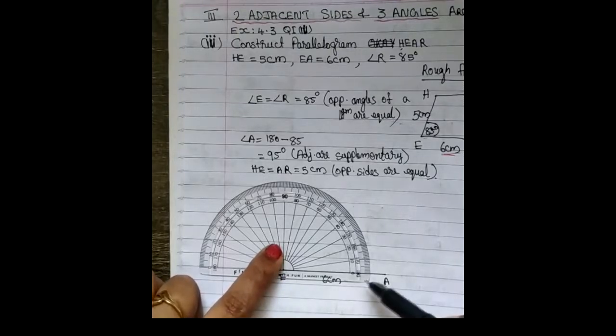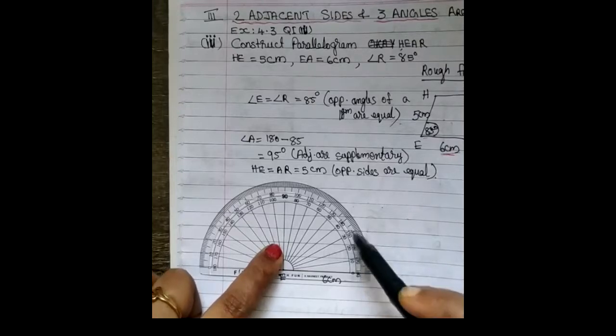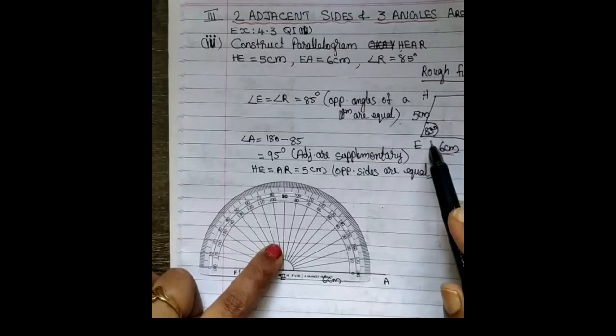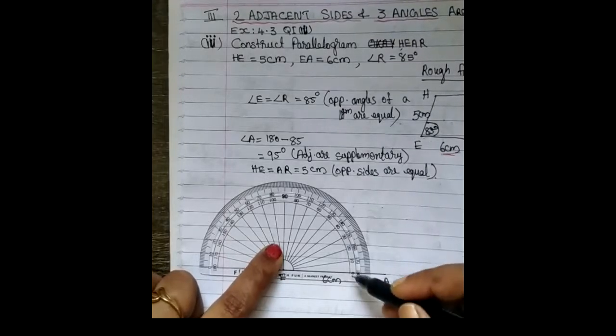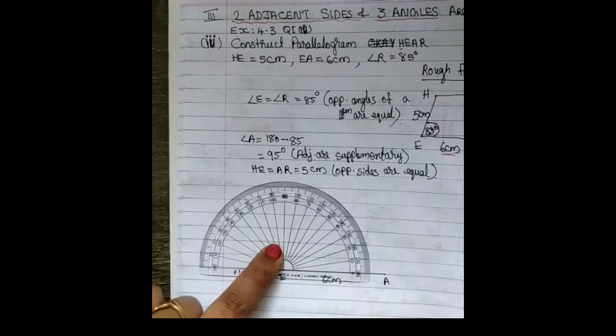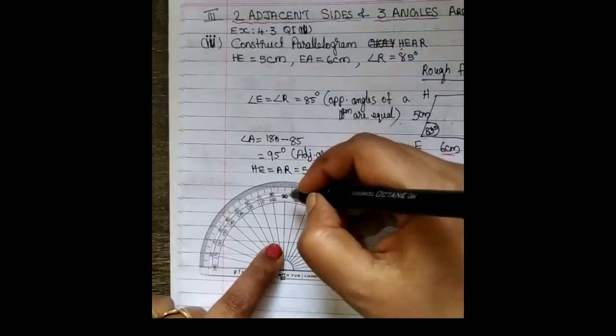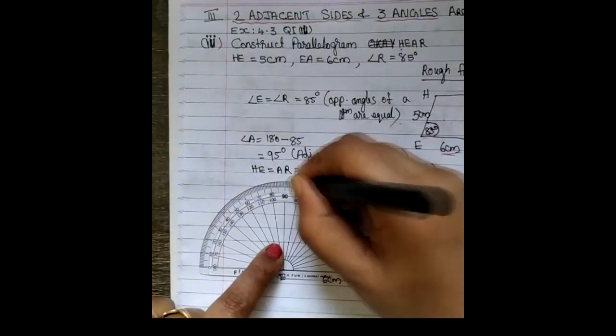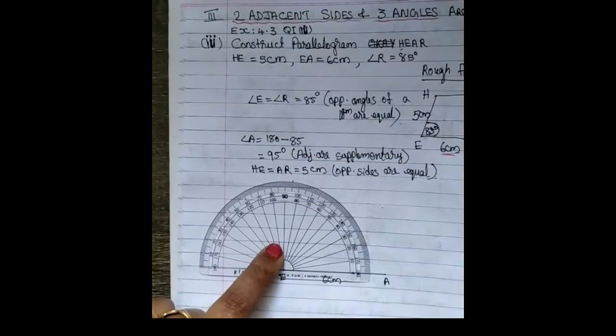So you have to take 0 from that side only. So we want to mark angle 85 degree. Where the line segment is extending, from that side you have to take the 0. So 85 degree I am getting here. Mark the point as 85.